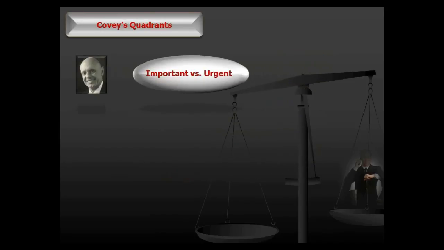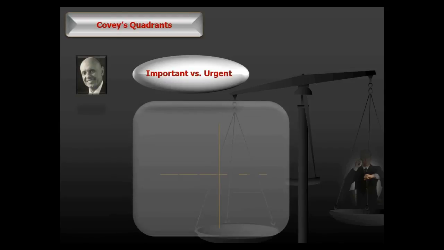Okay, basically it's a grid where we'll compare the importance of a task versus the urgency of a task. Or in the Covey quadrants example, we'll allocate quadrants based on their level of importance versus their level of urgency.